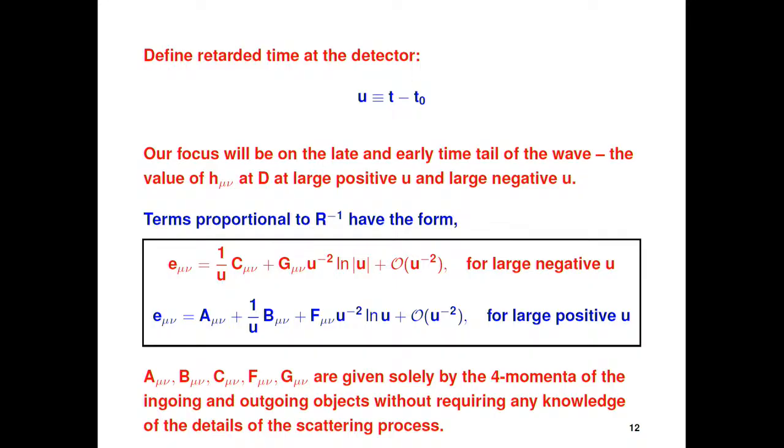As I said, all the complications that arise because gravity is non-linear, and because there may be other interactions present, can be handled if we look at the value of the gravitational field at large positive u and large negative u, which means that we are looking at the gravitational waveform at a time long before the major part of the signal reaches the detector and long after the signal passes the detector. So how the signal builds and how the signal falls is the part that we are focusing on.